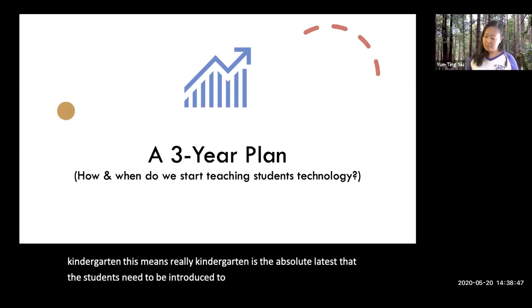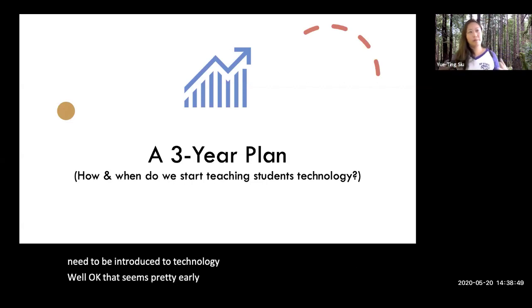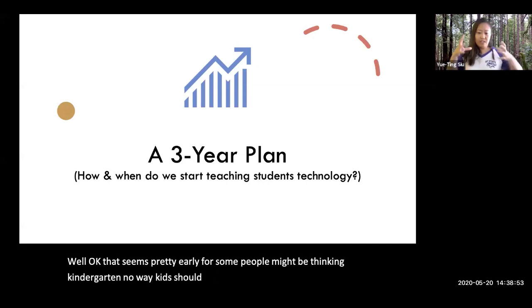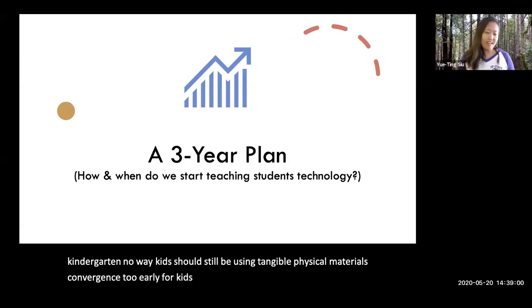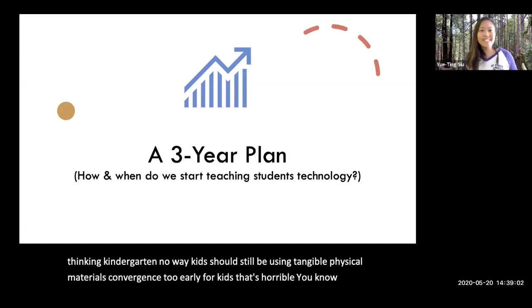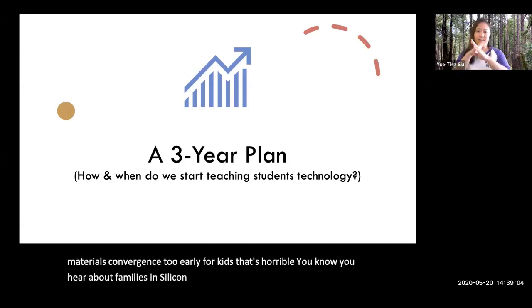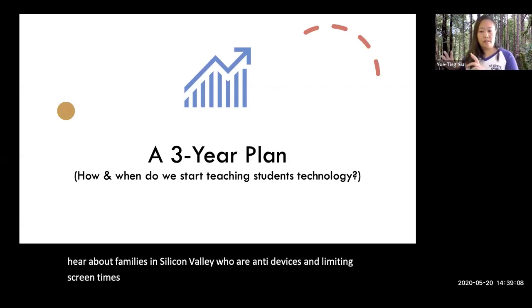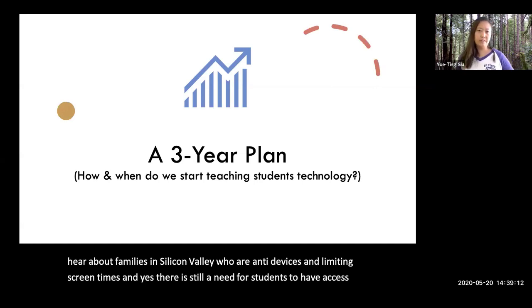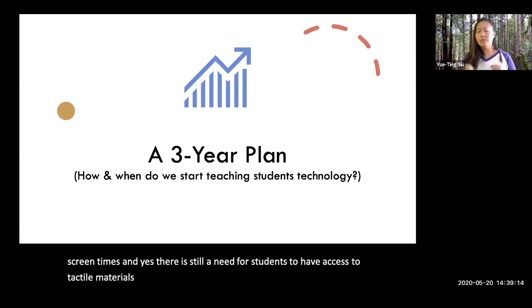Well, okay, that seems pretty early for some people. Some people might be thinking, kindergarten, no way. Kids should still be using tangible physical materials. Kindergarten's too early for kids. I mean, that's horrible. You hear about families in Silicon Valley who are anti-devices and limiting screen times. And yes, there is still a need for students to have access to tactile materials, to hard copy braille, to large print, to physical learning media.